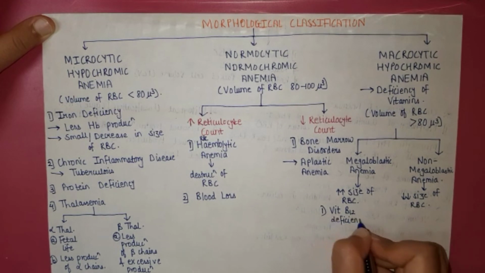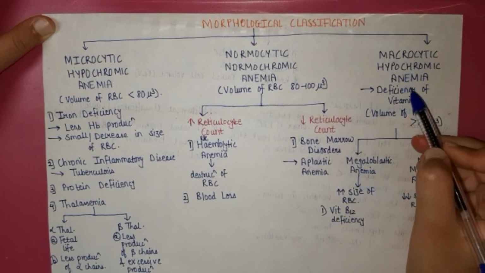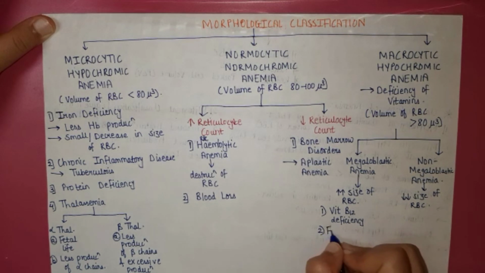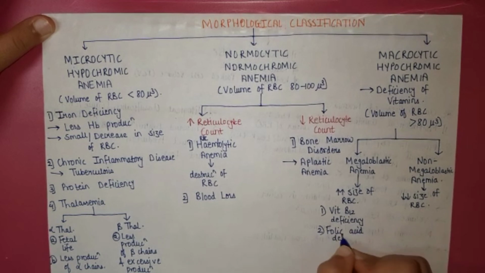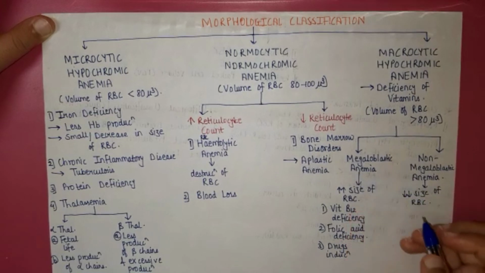If vitamin B12 is deficient in the body, megaloblastic macrocytic hypochromic anemia is caused. And the second cause of this is folic acid deficiency. And megaloblastic anemia can also occur if drugs are induced in our body. Drug induction also causes megaloblastic anemia.